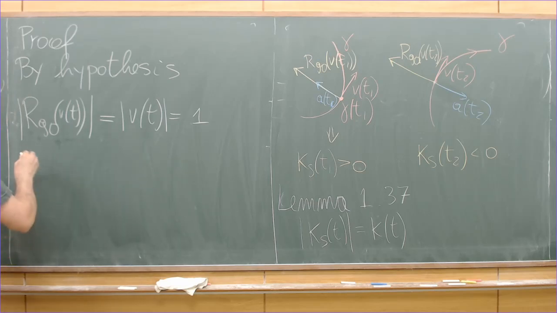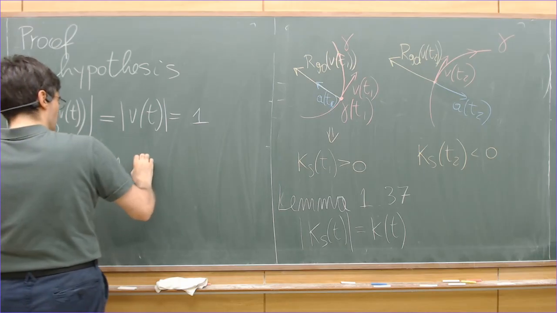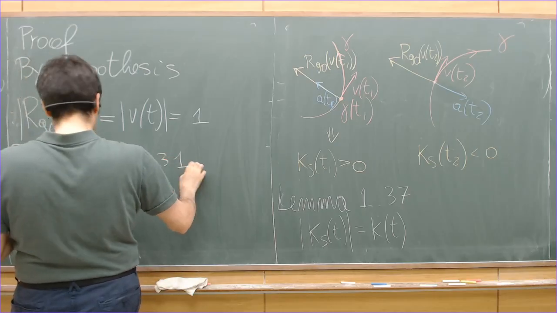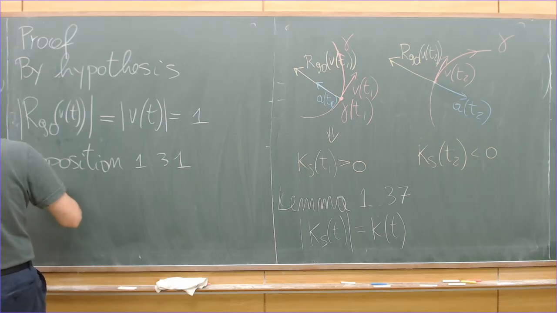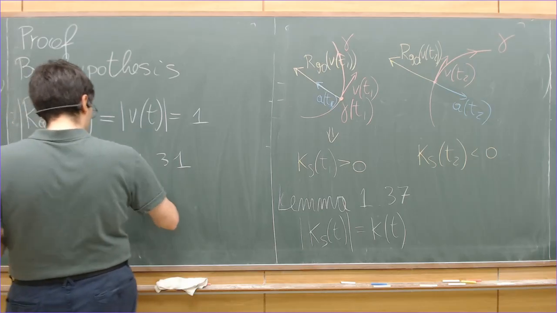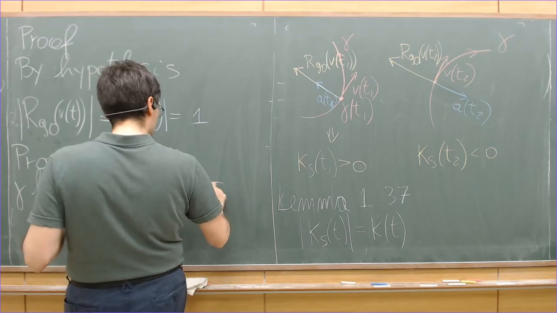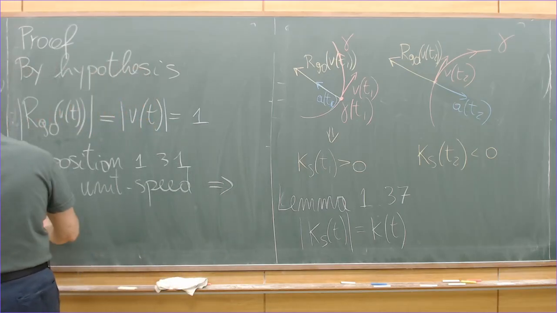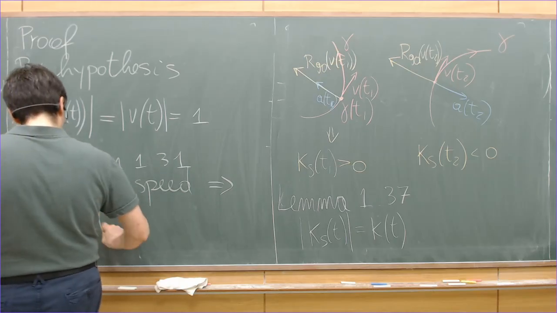Okay, so by proposition 1.31, since the curve has unit speed, then the curvature k(t) is given by the length of A(t).